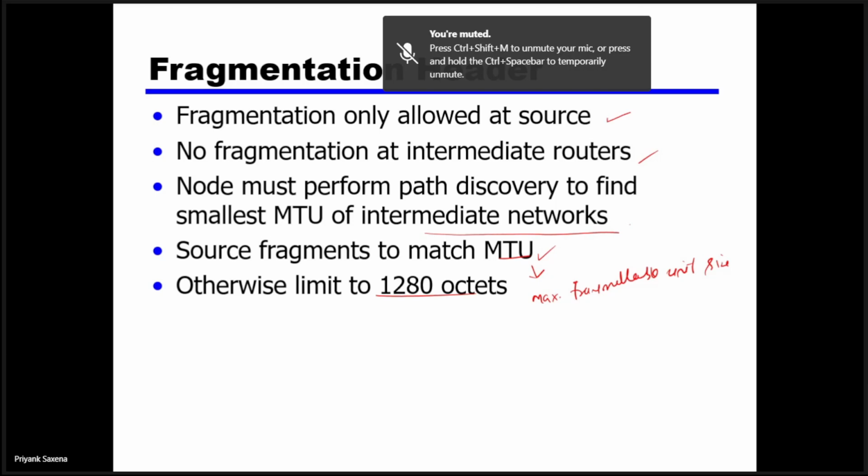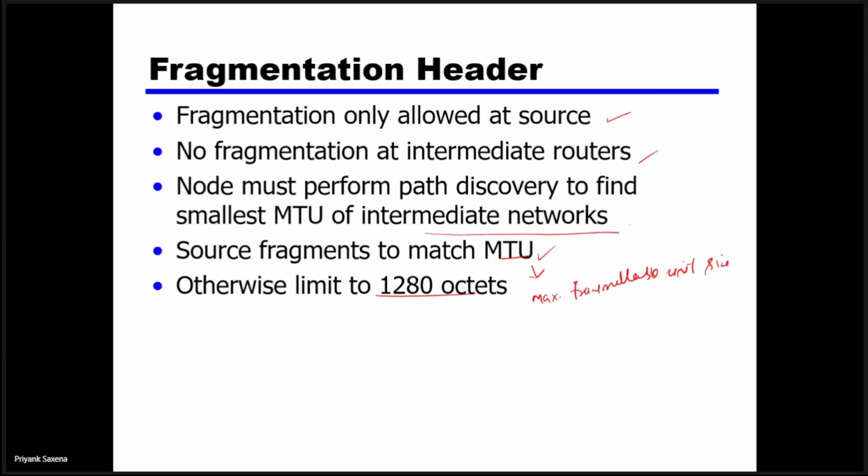So there are more fragments, and in terms of overhead it is more. The second issue is that with more fragments, the destination has to wait a longer period of time to reassemble them, right? So that creates delay in delivery of the data. Now in IPv6, this job is taken care of by the source itself.